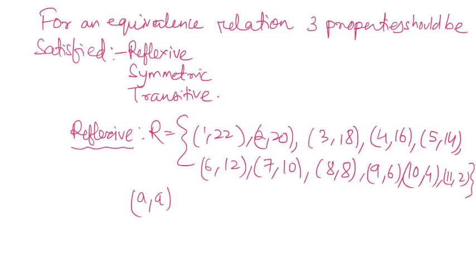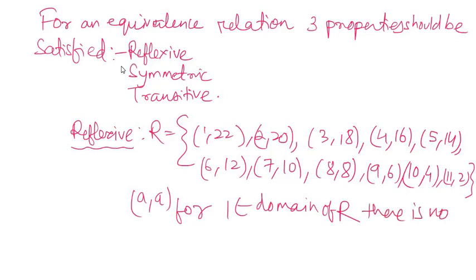So (a, a) ordered pairs should be there in relation R. Now, for 1 belonging to the domain of R, there is no (1, 1) in R. So R is not reflexive.